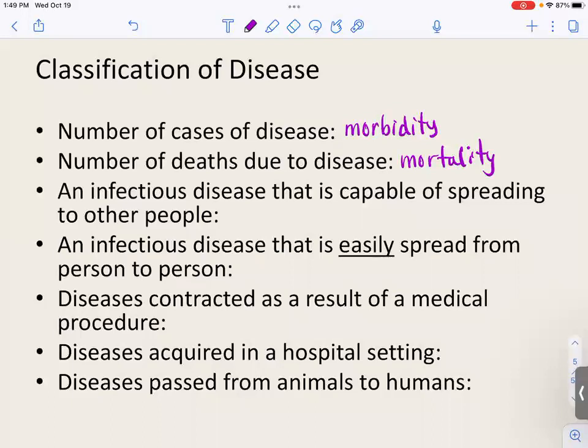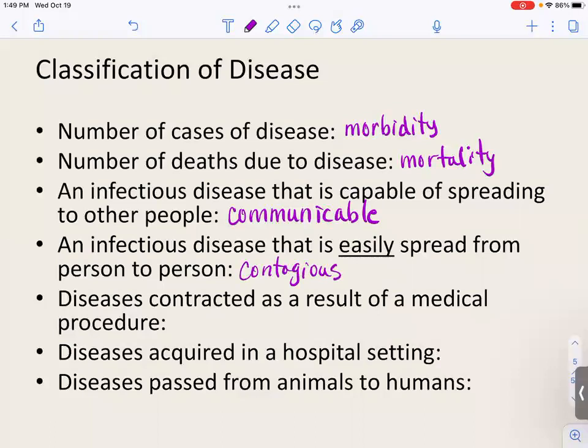An infectious disease that's capable of spreading to other people, we would call that communicable. And that's sometimes used in the same way as the next term: if it's easily spread from person to person, we would call it contagious. Again, you're kind of splitting hairs a little bit.